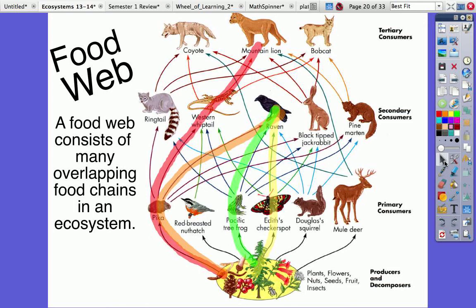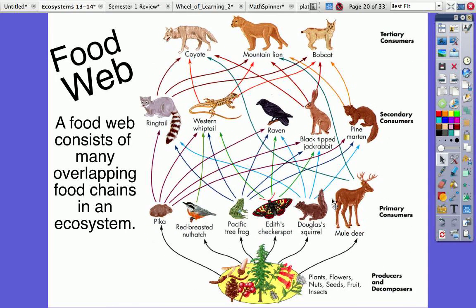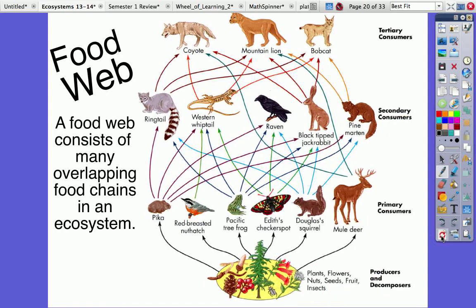The way that you look at food chains is that, say we look at the deer right here. This deer has only one arrow pointing to it, which means this deer only consumes plants. However, on the other side of this deer has two arrows leaving it, which means two things feed off the deer.